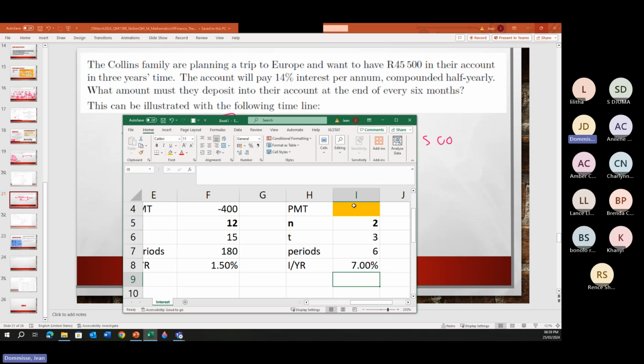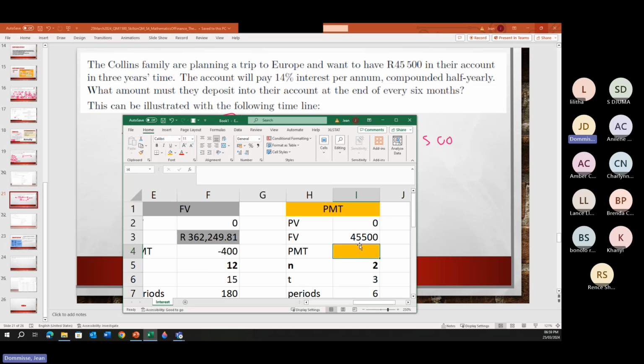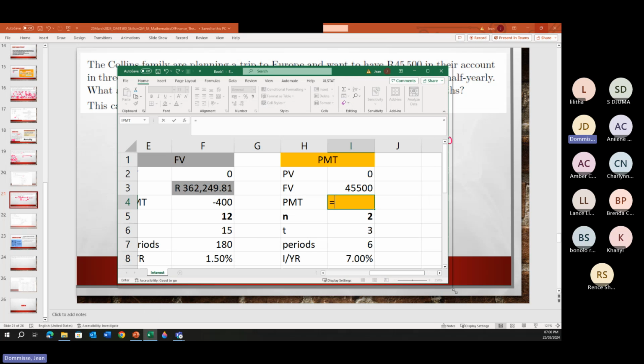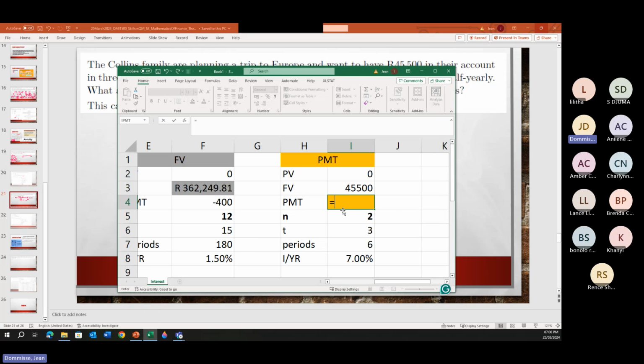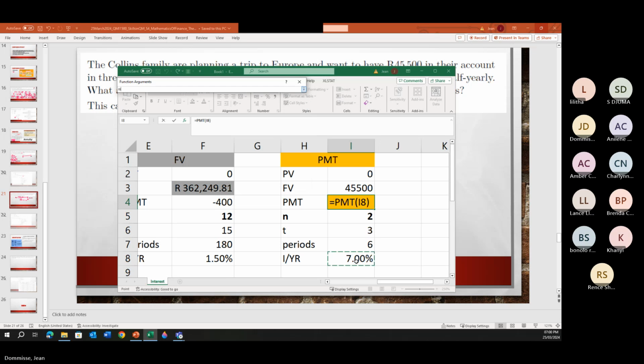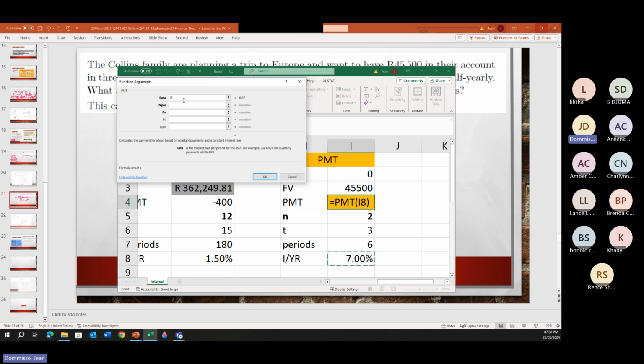And now we will work out what the PMT is. So let me just make it a bit bigger so that we can see all the numbers in it. So PMT again is a formula within Excel that you can use. The rate, so again, Kanye, to your point of previously, you would have taken the 14 divided by 2.